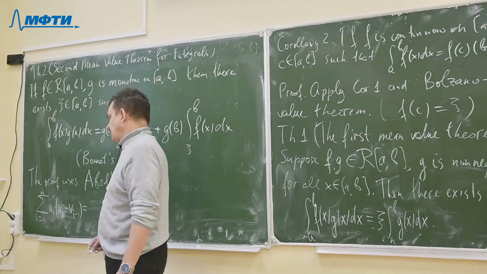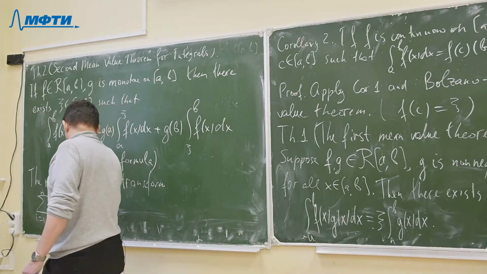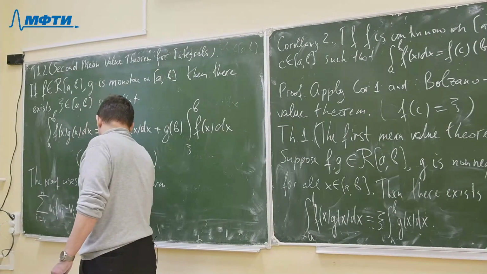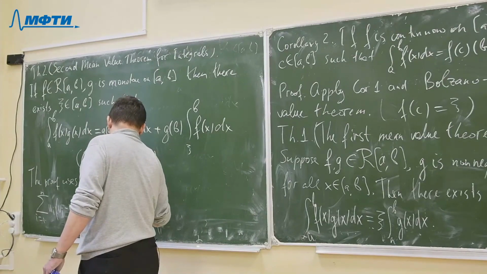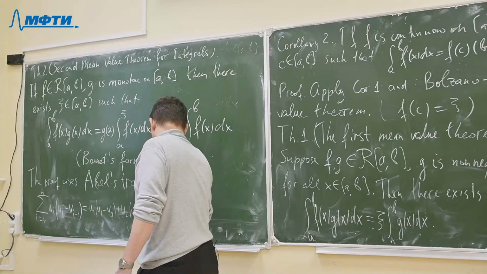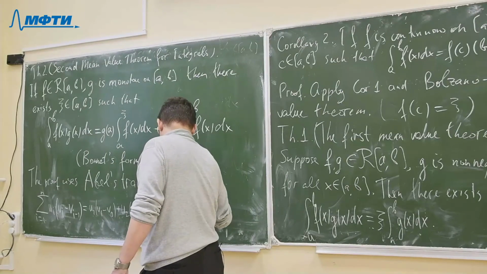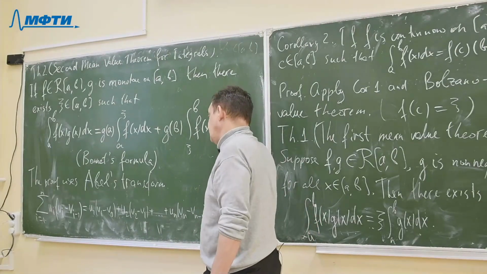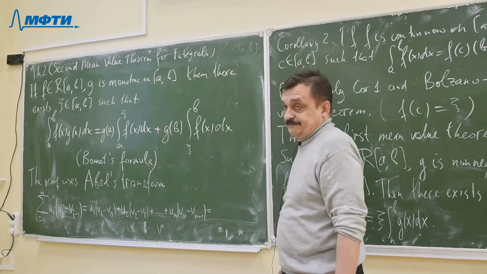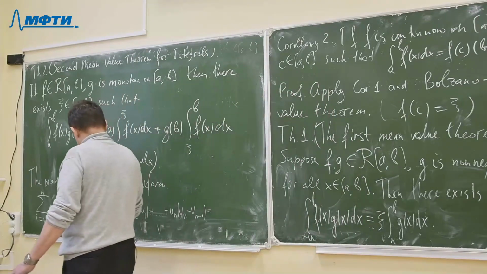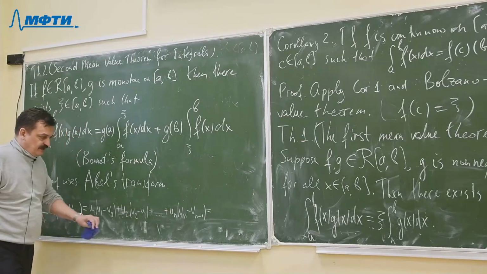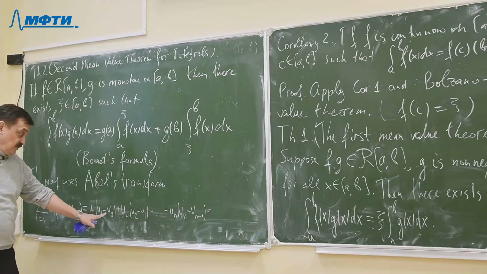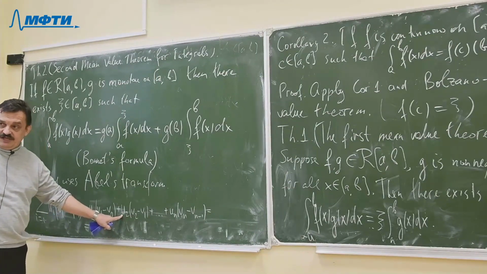Then write down explicitly what it is: u_1 times (v_1 minus v_0) plus u_2 times (v_2 minus v_1) plus so on, plus u_n times (v_n minus v_{n-1}). Then let us group. First of all, open brackets and then group all terms using v as common multipliers, not u.